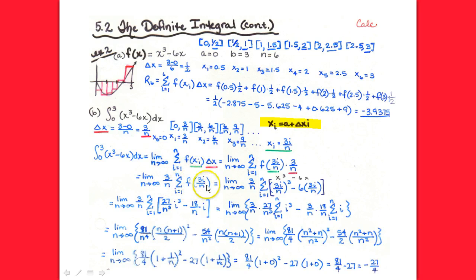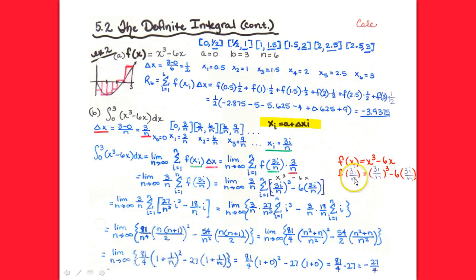Now let's focus on what we've got left, f of 3i over n. When they give me f of 3i over n, if f of x was x cubed minus 6x, when they say find f of 3i over n, that means put 3i over n in the place of x. So let's come over here and put 3i over n in the place of x, put 3i over n in the place of x.